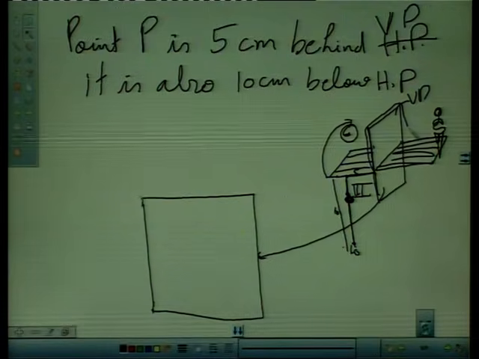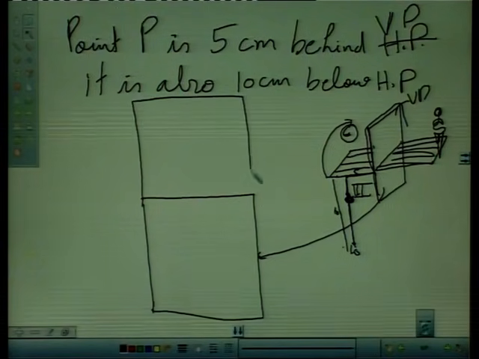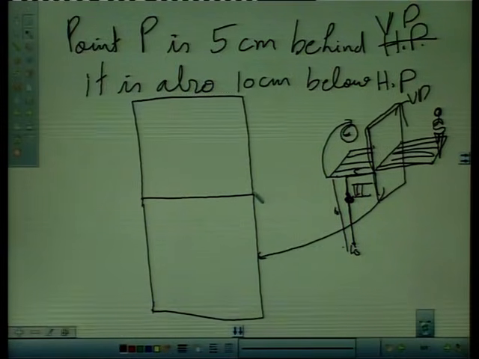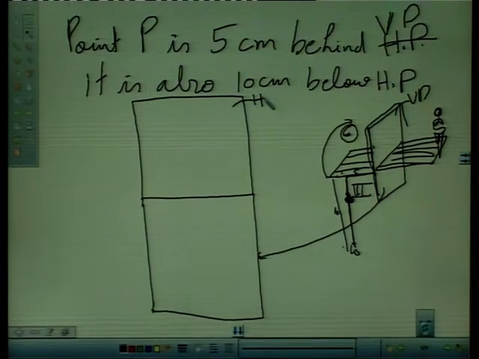So we can draw it like here. Now we have horizontal plane above axis line, and below is a vertical plane.